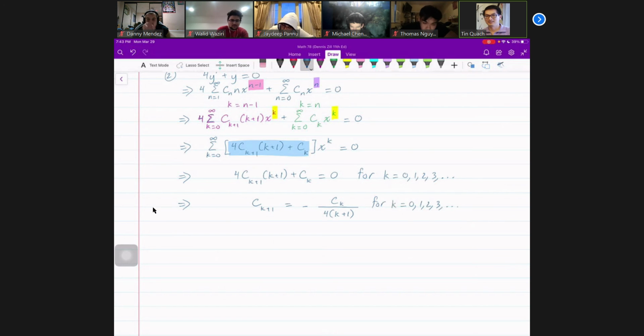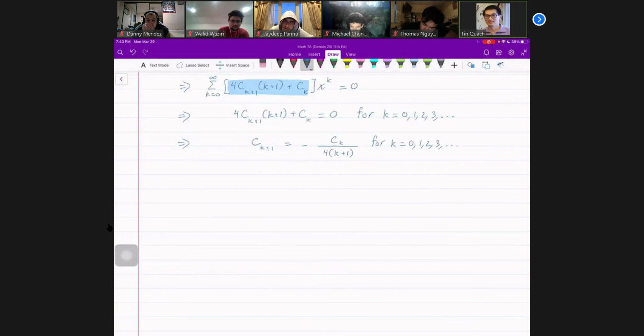All right, so you plug in one value at a time. Okay, so I'm going to go over here. I say when k is equal to 0 implies c sub 1 is equal to negative c sub 0 over 4.